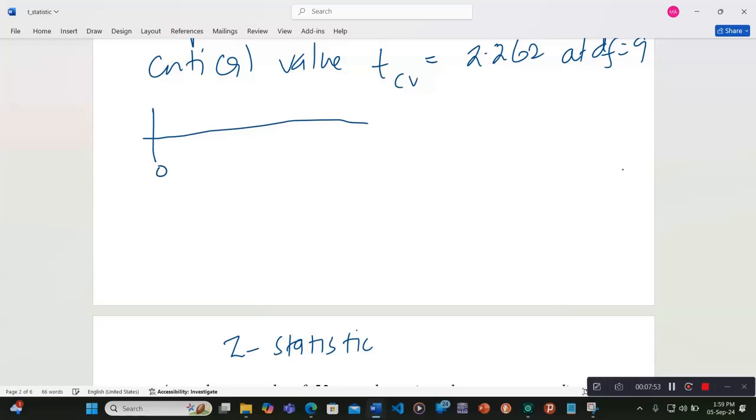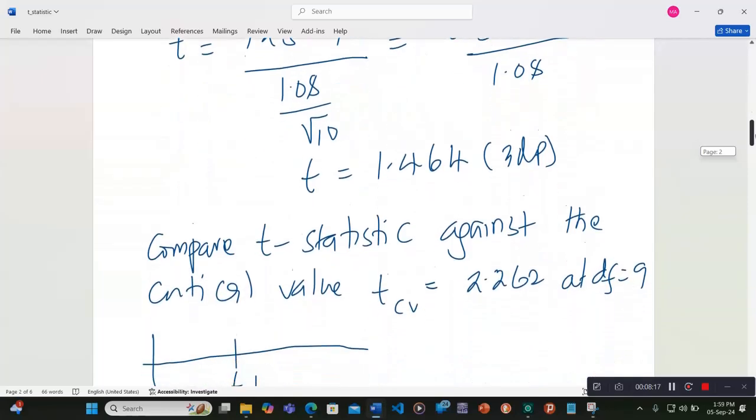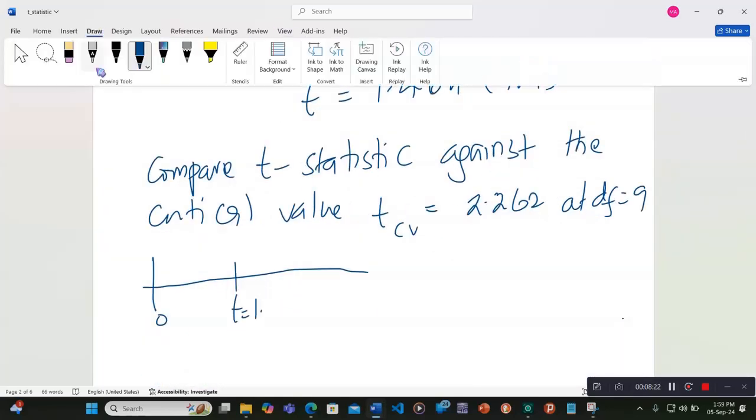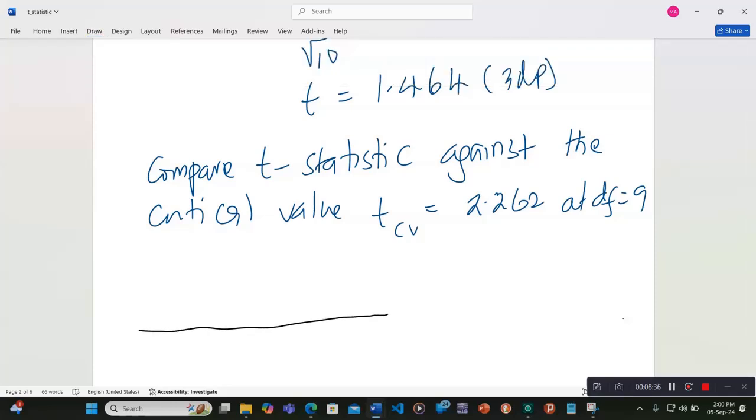This is my 0. This is our t value, which is 1.46. Since we said it is a two-tailed test, what we are going to do is to draw.